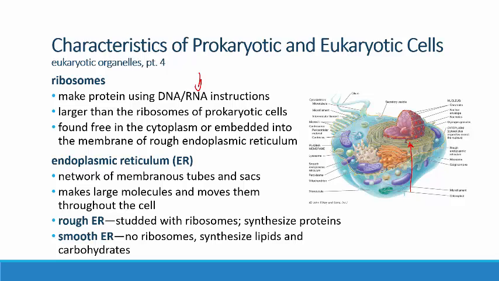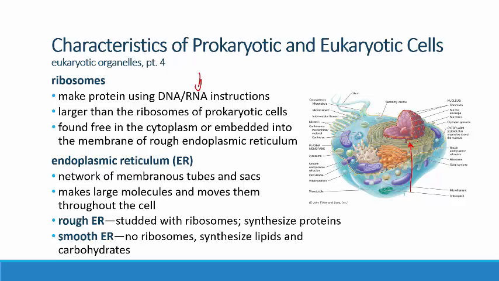So it's this long and very convoluted network of tubes and sacs that are all built of plasma membrane. And their job is to make large molecules like proteins and carbohydrates and lipids, and then move these molecules throughout the cell. If it's a rough ER, it's rough because it has all these ribosomes attached to it.